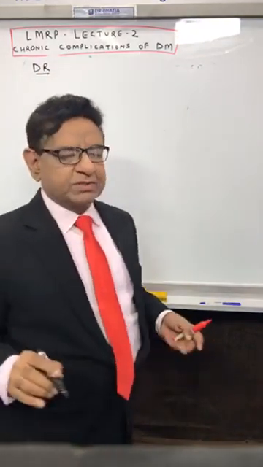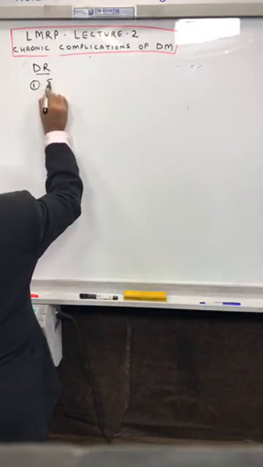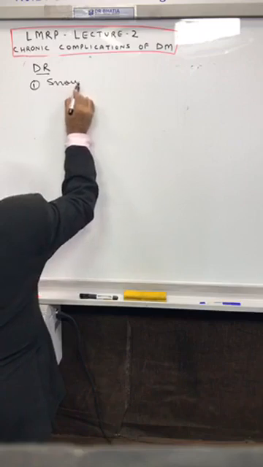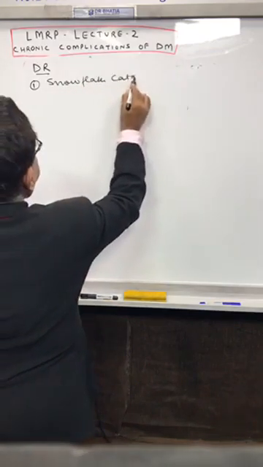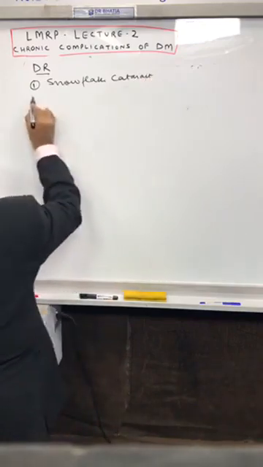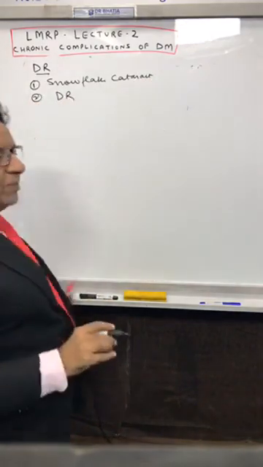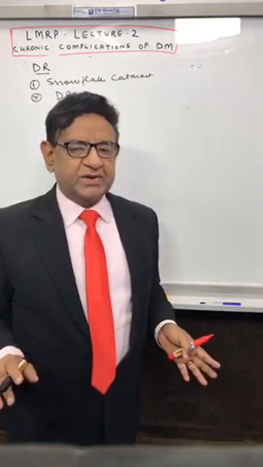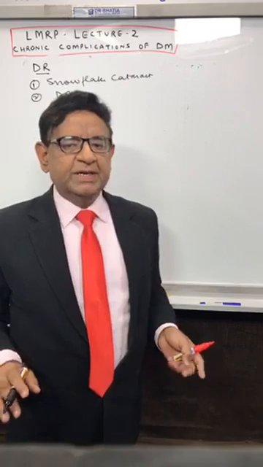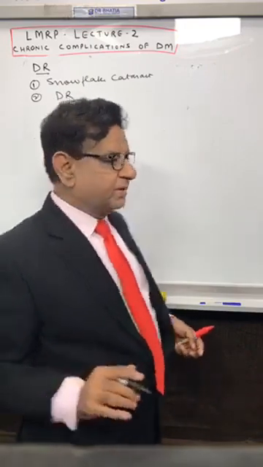And all of us know that in diabetics, first of all, there can be snowflake cataract, there can be diabetic retinopathy, which can lead to blindness. In fact, the commonest cause of blindness in the Western country is diabetic retinopathy. In our country also it's common, but it is not the most common.